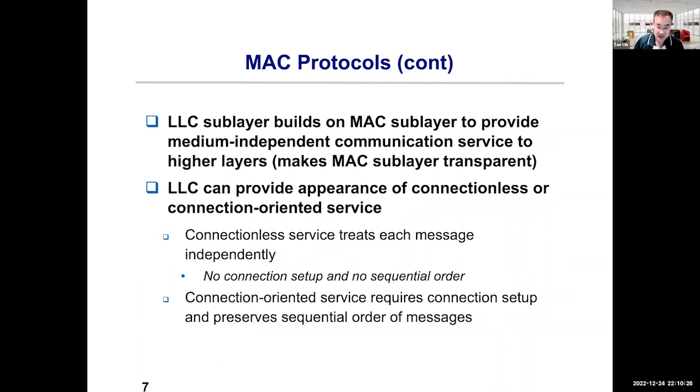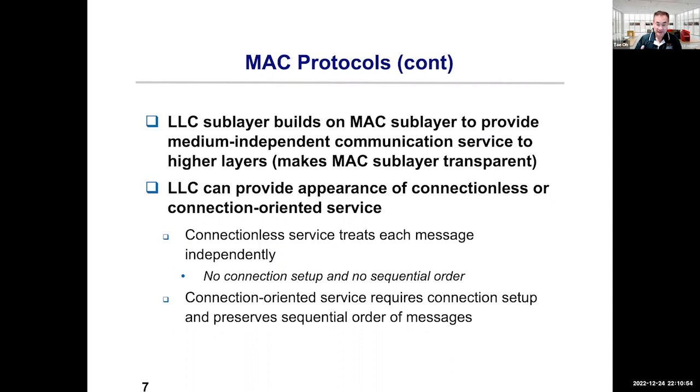The LLC layer can offer connectionless and connection-oriented services. Connectionless basically treats each message independently. It does not verify whether the packet was received properly on the other side. For connection-oriented service, typically TCP is used in the network layer.